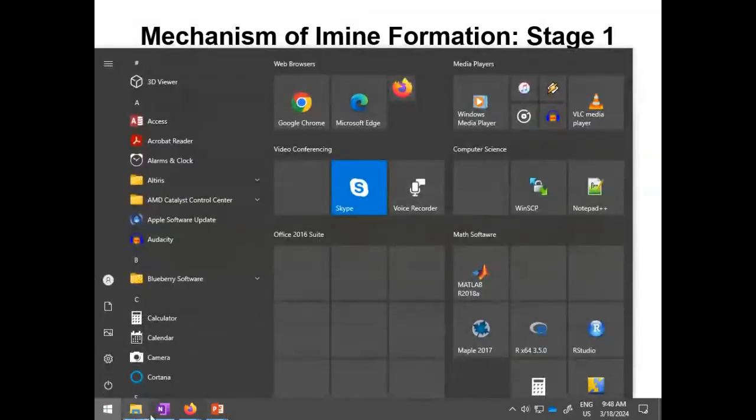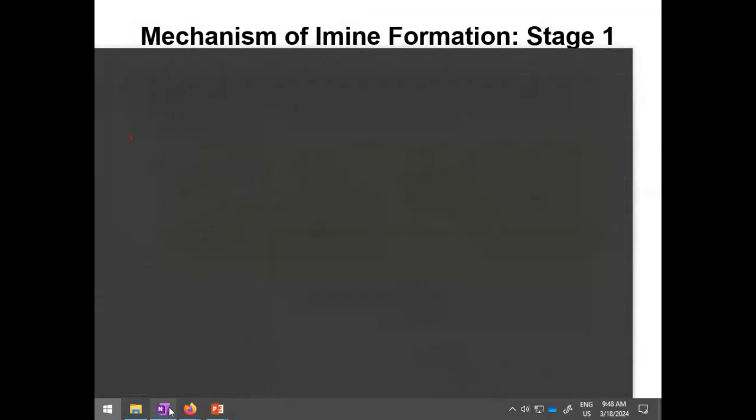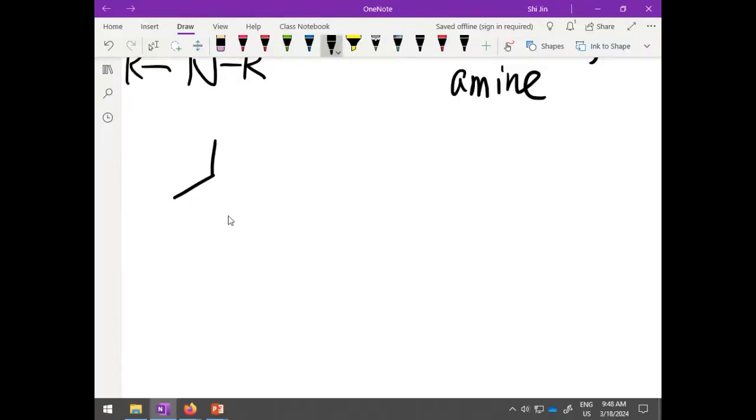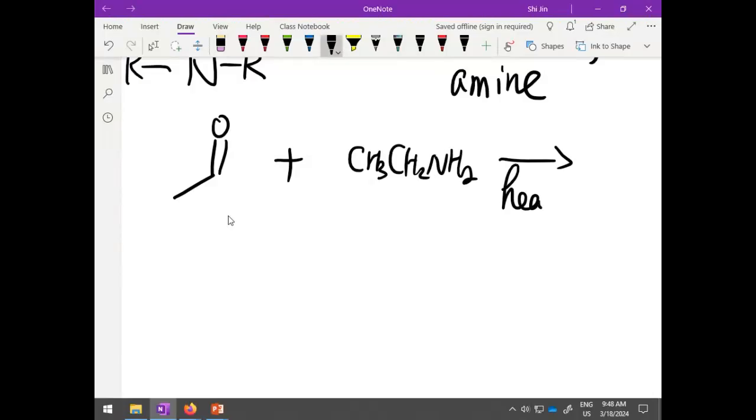Let me give you some examples of such reactions. Say you have this one react with this. This reaction doesn't really need a catalyst. You just heat a bit, and you will get this.